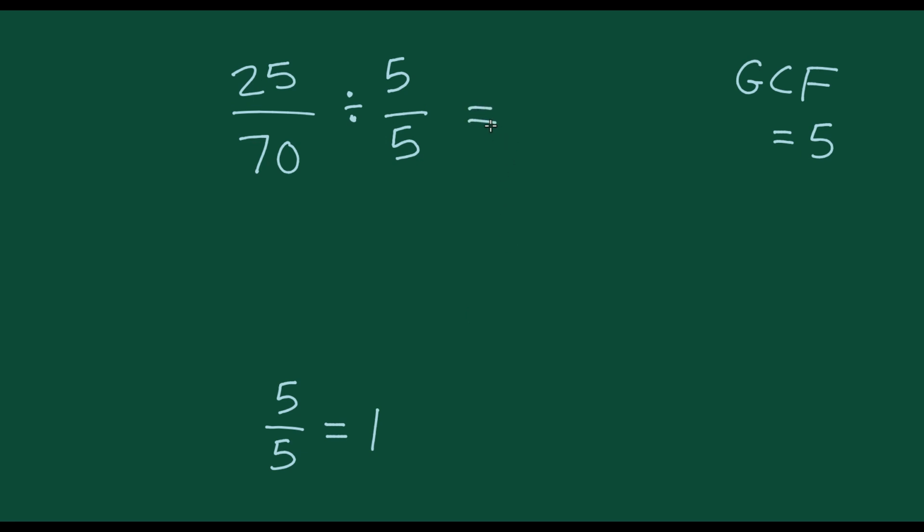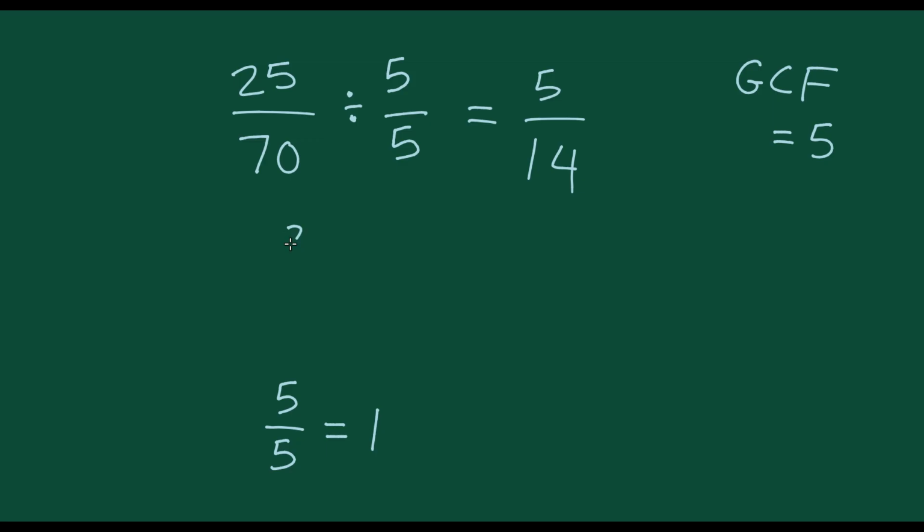Okay, so let's actually simplify. 25 divided by 5 is 5. 70 divided by 5, 5 goes into 7 once, we have a 2, 20, 5 goes in 4 times. There we go. 25 over 70 divided by 1 equals 5 over 14.